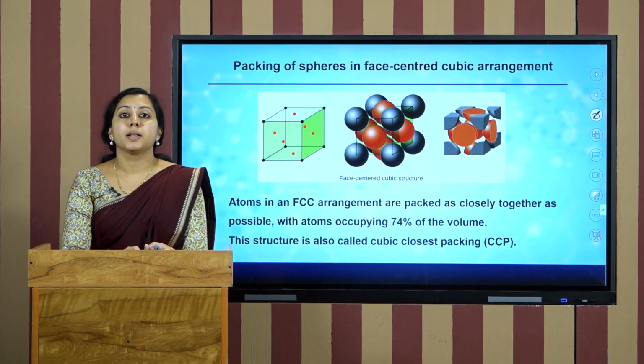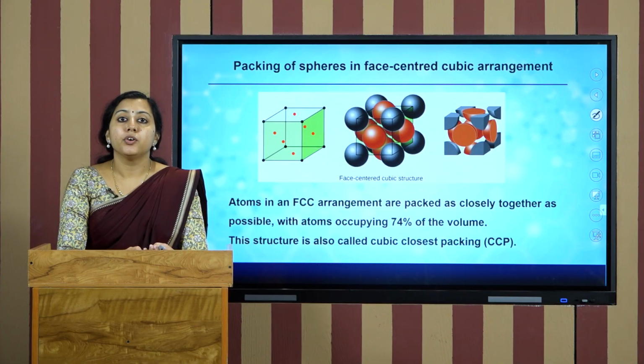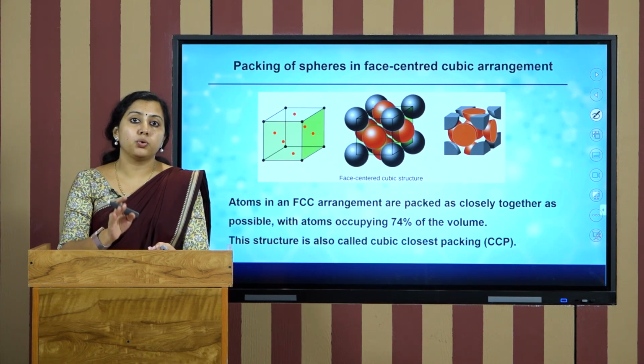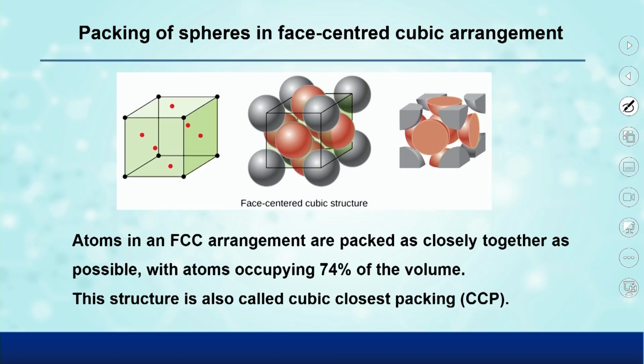So, next is the packing of spheres in a face centered cubic arrangement. In the previous class, we discussed 2 types of close packing of spheres in 3 dimensions, namely hexagonal close packing and cubic close packing. In cubic close packing, we discussed that it is identical to a face centered cubic arrangement.